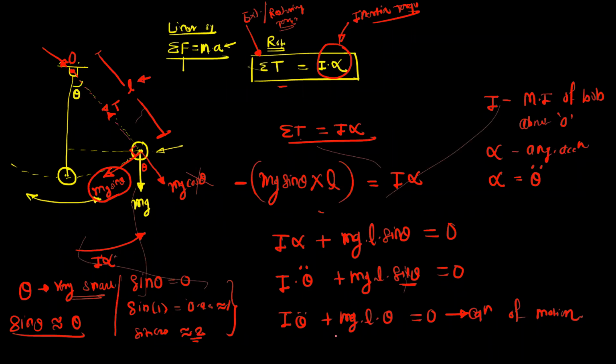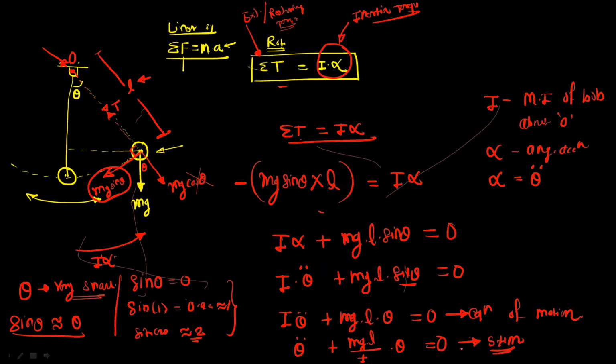So from this equation, we will try to write the differential equation. Okay. So theta double dot plus mgl upon I into theta is equal to 0. Now if you compare this equation with the equation of simple harmonic motion, this equation is almost similar to that equation.